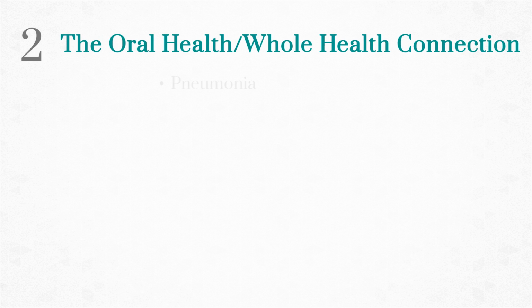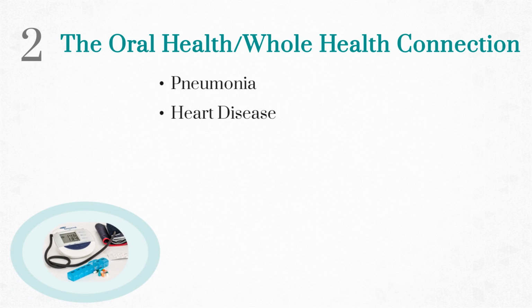For historical reasons, dental care is separate from medical care in the United States. Many now see this separation as a mistake that has had negative consequences on health. We know that oral health is deeply connected to systemic health. Poor oral hygiene and untreated dental diseases are linked to serious illnesses like pneumonia, heart disease, and diabetes.